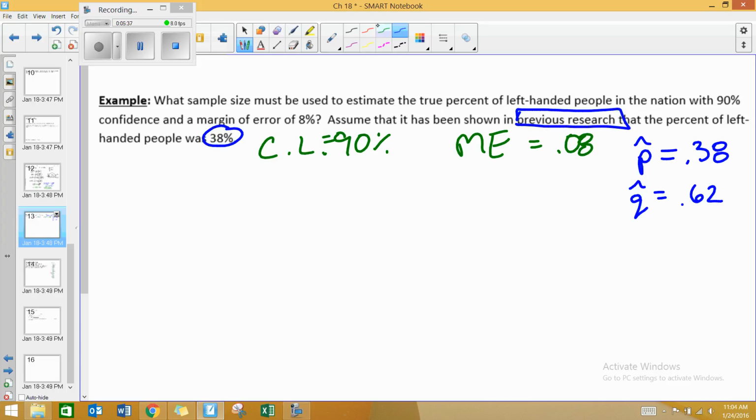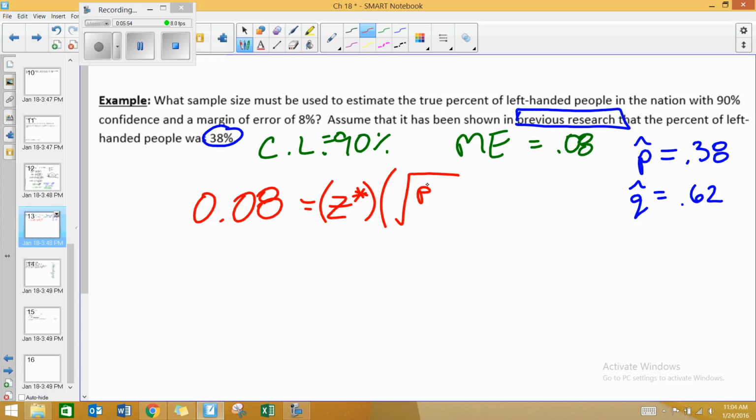Okay, we'll go a little quicker through this one since we had a very similar example just a moment ago. We have 0.08 as our margin of error. It's going to be equal to our critical value, which we look at confidence level to determine, times the square root of p hat q hat over n. So 0.08. My critical value for 90% confidence is 1.645.